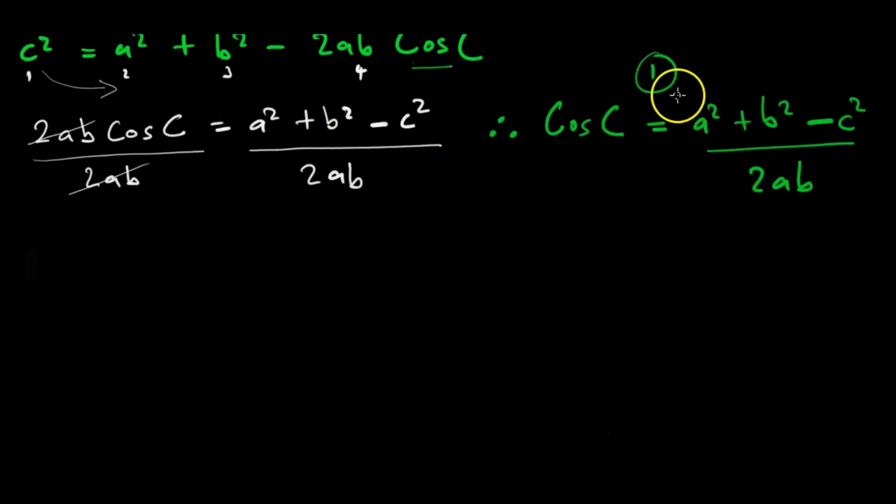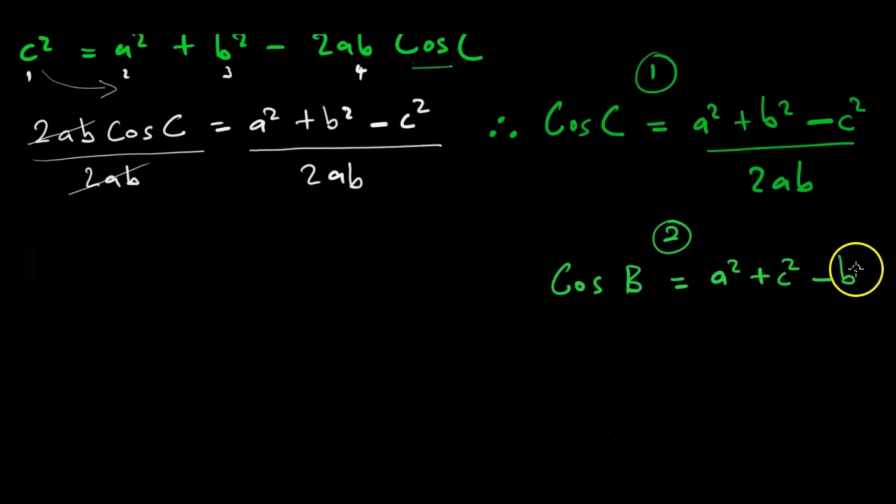Saka inoizva iri iyo number 1. Number 2, ngatiti tiri kuda kuziva the cos of B. Saka cos B inenge iri equal to a squared plus c squared minus b squared over 2c.